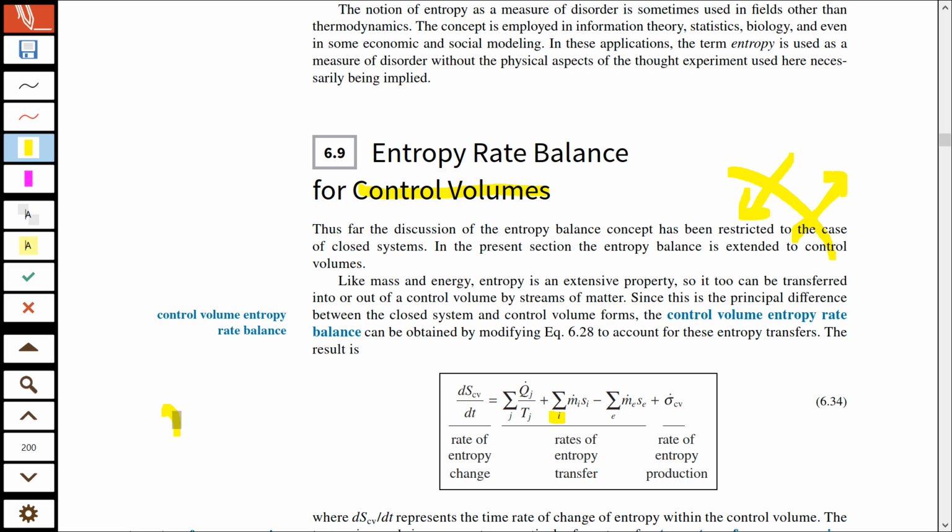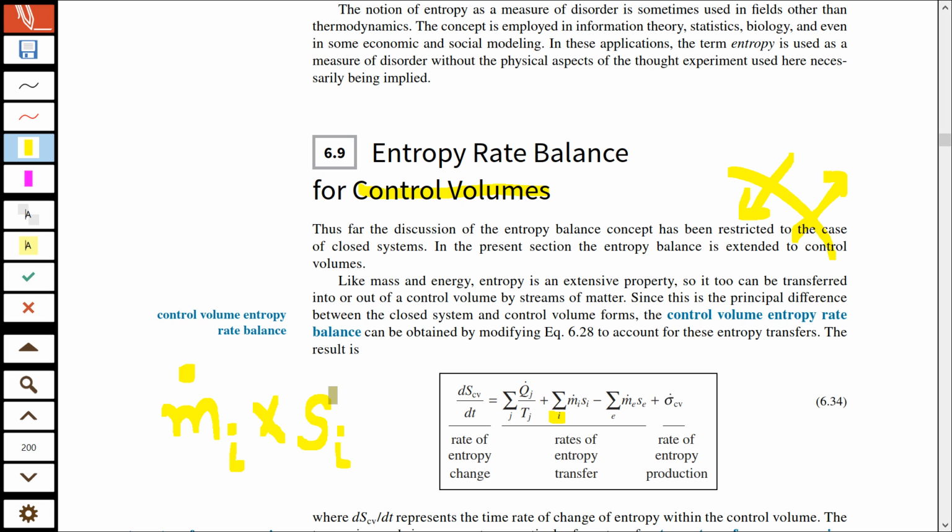So if I write that as m dot for that particular inlet, I can now multiply this with the specific entropy, because whatever matter is crossing the boundary, matter has entropy.